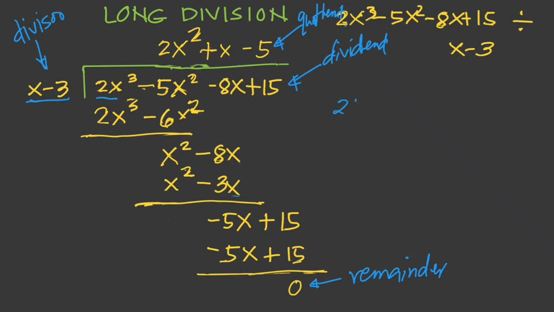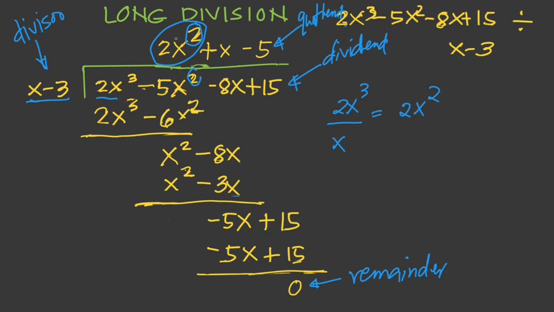So that would be 2x cubed divided by x, which is 2x squared. We write our quotient here, in line with the term inside the vinculum that has the same degree. Degree meaning exponent. They are like terms, x squared and x squared.